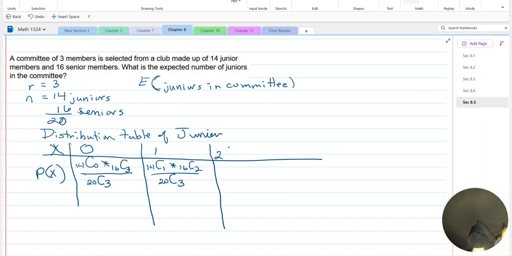Then 2: 14 choose 2 times 16 choose 1 over 30 choose 3. Then 14 choose 3 times 16 choose 0 over 30 choose 3.